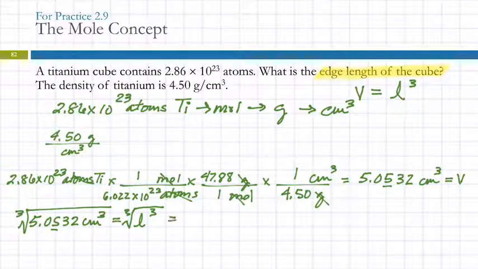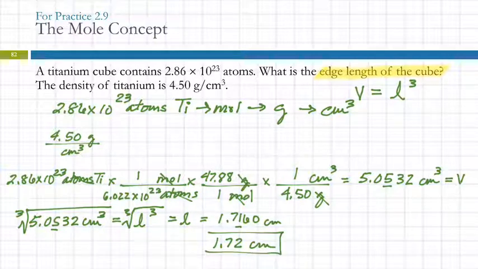So this now is equal to L, which equals 1.7160. Anybody else get that number? You could check this by taking that number and cubing it to see if you get this back. What happens to these units? What's the cube root of centimeters cubed? Just centimeters. So I'm going to call this 1.72 centimeters. That's how big the cube is. Any questions?